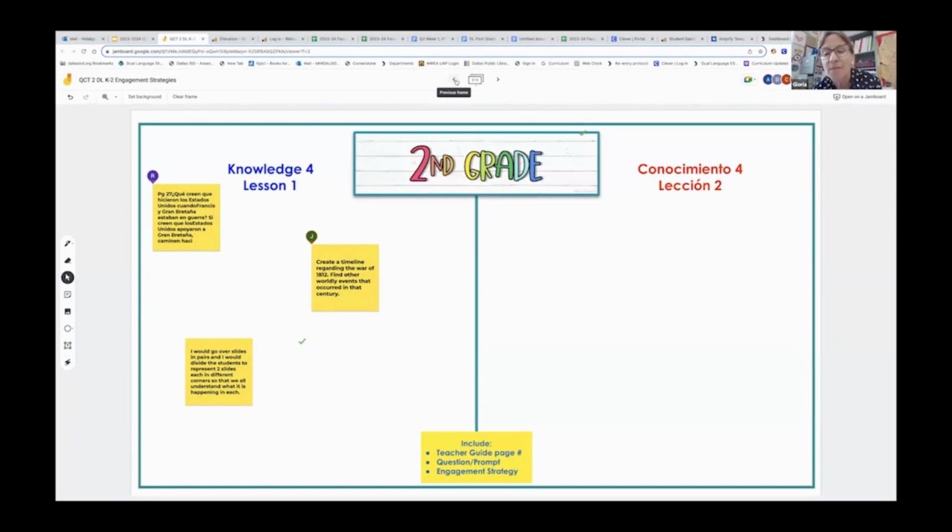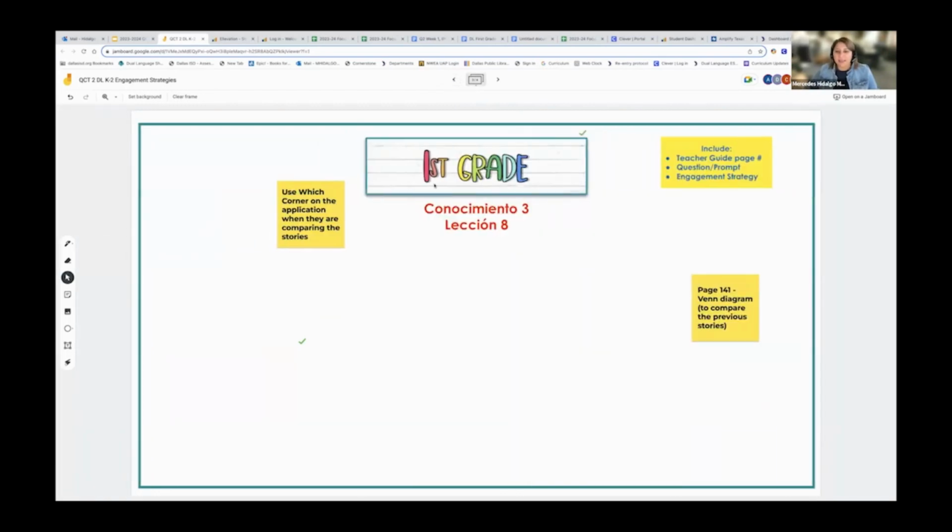Yes. And you have some historic lessons coming up in all 3 grade levels. So this is great for those historic lessons. And then in 1st grade, there are Venn diagrams.